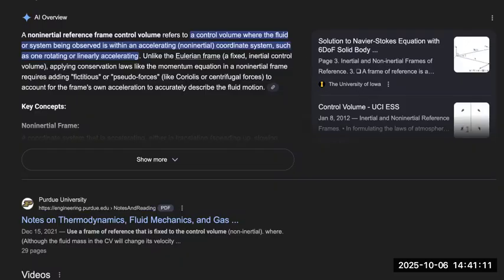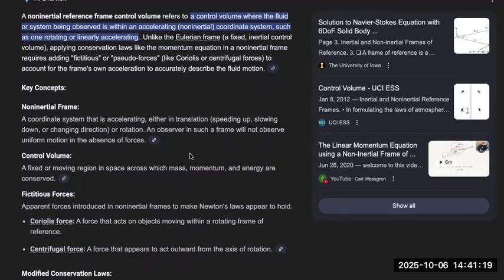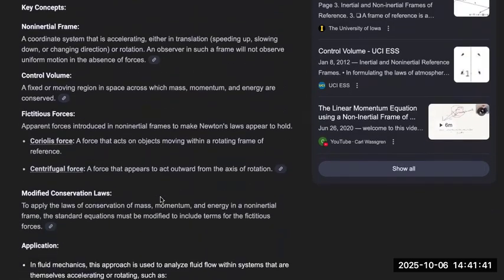A non-inertial reference frame control volume refers to a control volume where the fluid or system being observed is within an accelerating or non-inertial coordinate system, such as one rotating or linearly accelerating. Unlike the Eulerian frame, a fixed inertial control volume, applying conservation laws like the momentum equation in a non-inertial frame requires adding fictitious or pseudo forces, like Coriolis or centrifugal forces, to account for the frame's own acceleration to accurately describe the fluid motion. But in this case, our control volume is fixed, so we don't have to worry about that.